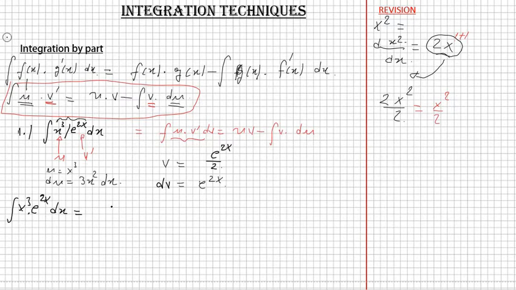So u is x to the power of 3, and then v is e to the power of 2x divided by 2, so I need to multiply it, and then minus the integral of v, which is e to the power of 2x divided by 2, multiplied by the derivative of u. The derivative of u, I've worked this out, is 3x to the power of 2.